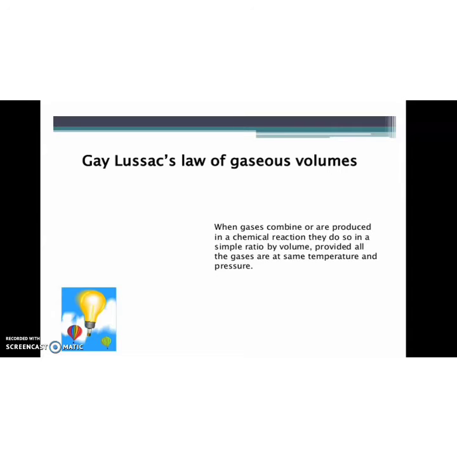For example, when hydrogen gas reacts with oxygen gas, it produces water. Hydrogen and oxygen combine in particular volumes, and at standard temperature and pressure, one mole of gas occupies 22.4 liters. This volume relationship is explained by Gay-Lussac's law of gaseous volume.